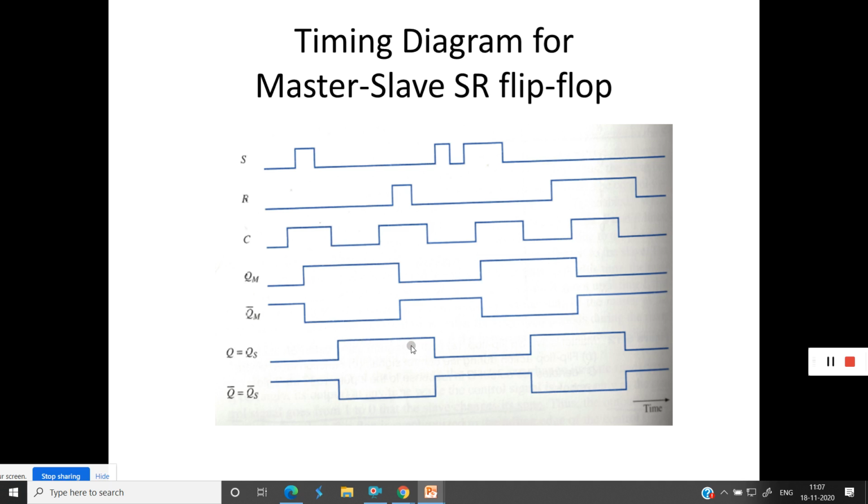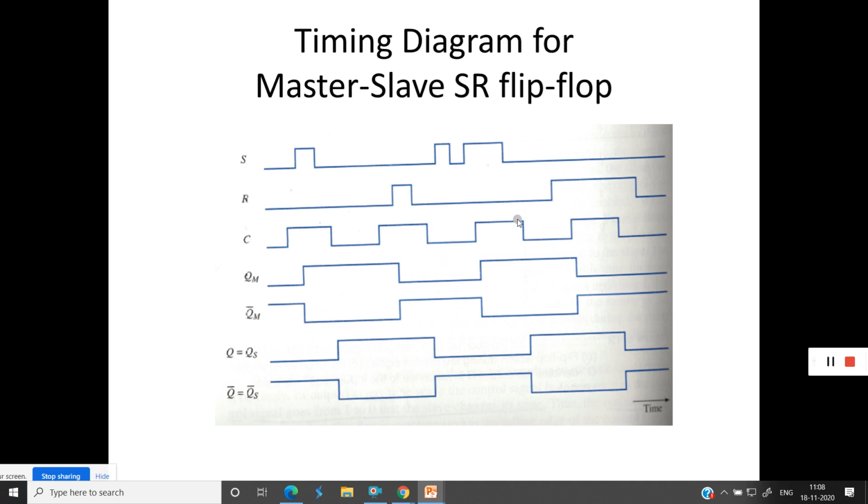Again here you can see when the clock is changing from 1 to 0, master is disabled, slave is enabled because of the inverter presence. So here the content of the master is 0, that is copied into the slave when the clock becomes from 1 to 0.